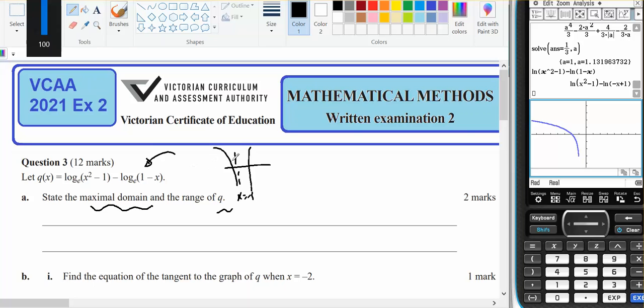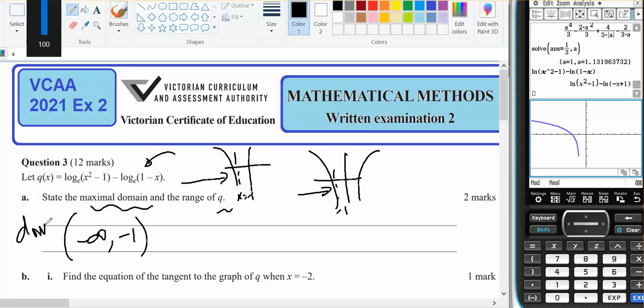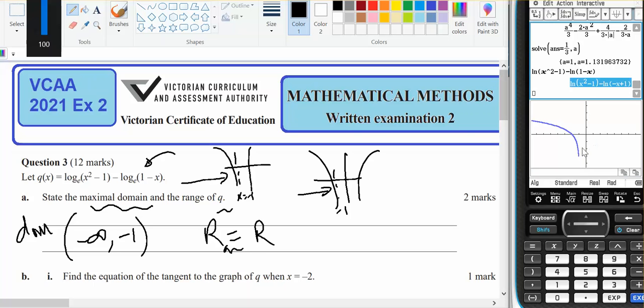Therefore, it's from -infinity to 1. This one here, because the x can be squared, it's going to look like that. That's going to be -1. So the only domain that satisfies both of them is -infinity to -1. And of course, my range for my logarithms will be all real numbers. And I've graphed it, and that confers with what I can see over here.